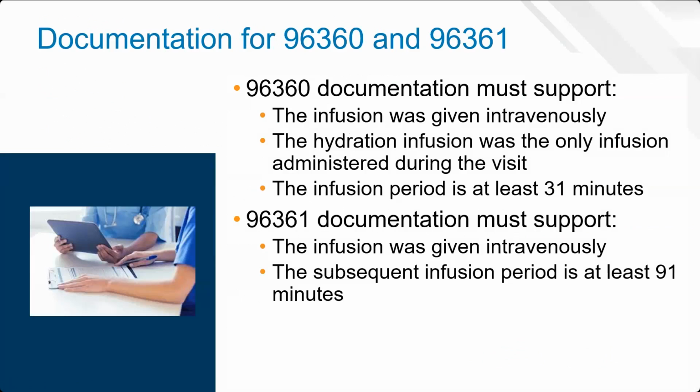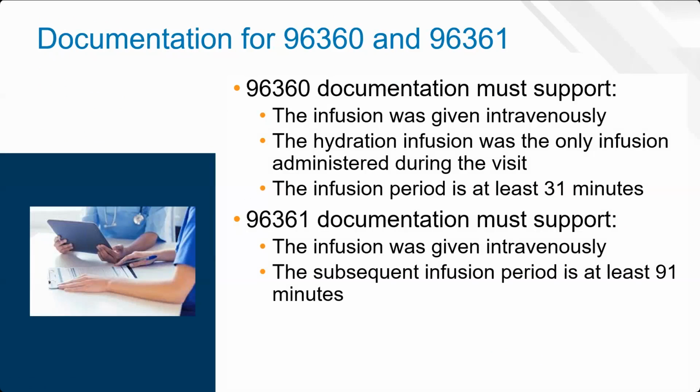All right. So, documentation for the 96360 and 361. Going back to the CPT code definitions for these. The 96360 is IV infusion hydration. That's the initial, 31 minutes to 1 hour.